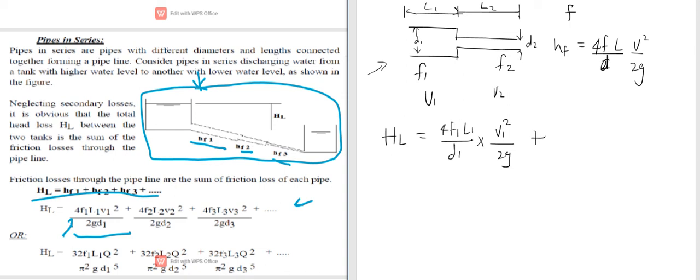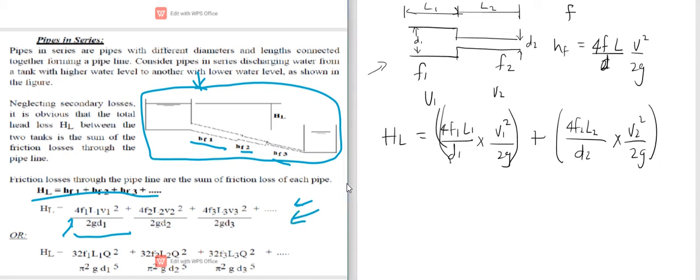Plus the head loss due to friction in the second pipe, which will be 4F2 L2 over D2 times V2 square over 2G, which is simply an example of what is stated above.